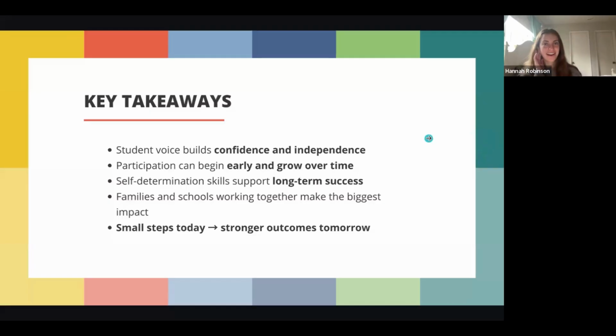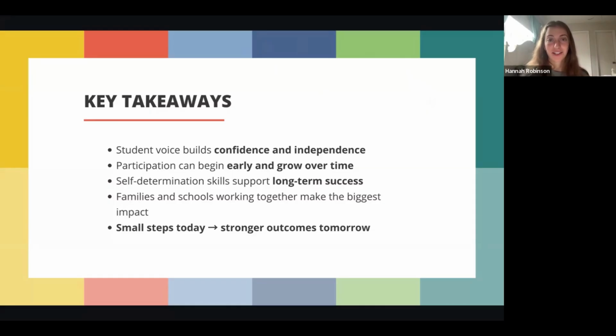Some key takeaways from this presentation that we hope you can take along with you are that student voice builds confidence and independence. Participation can begin very early and can grow and develop over time.